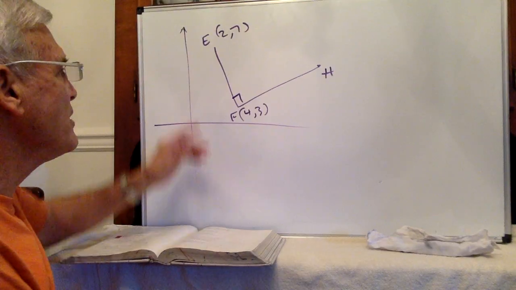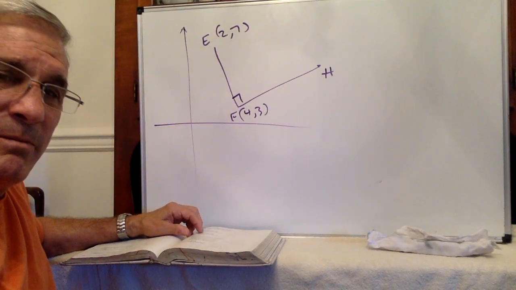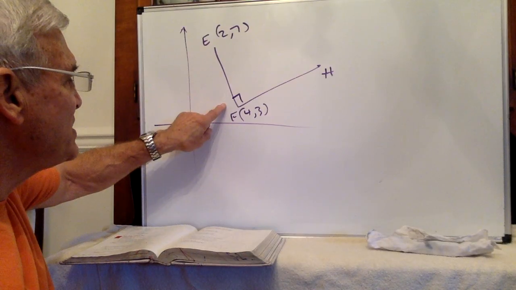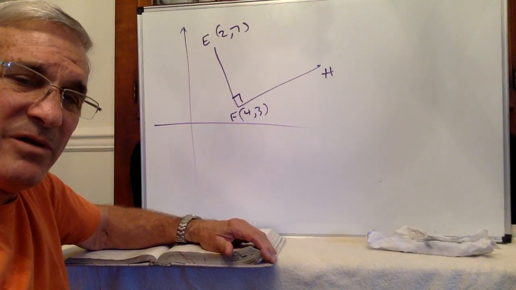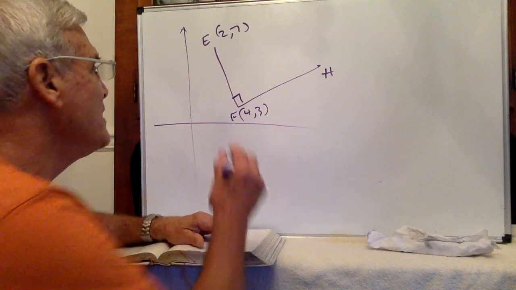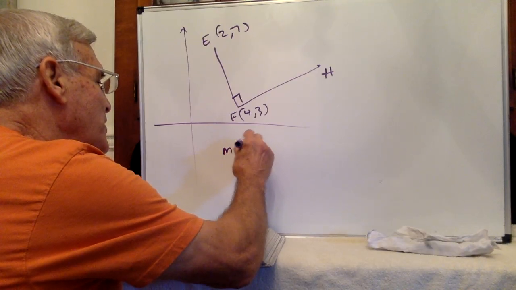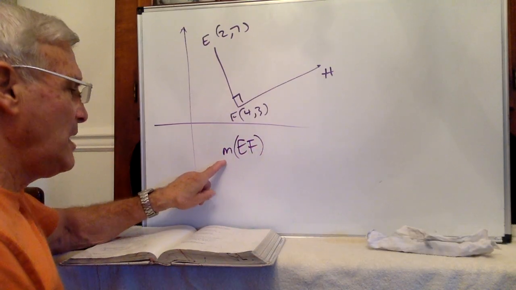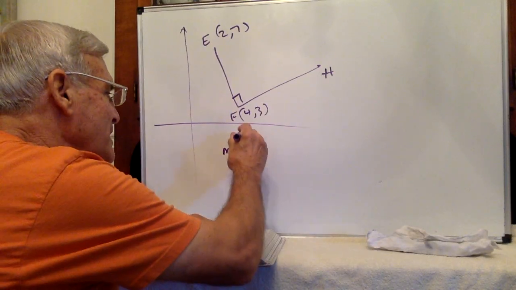If that's a right angle, it means these two line segments have to be perpendicular. Therefore, the slope of this and the slope of that, since they're perpendicular, have to be negative reciprocals. Well, I can find the slope of EF. I've got both points. Little m in front of this means slope of the line segment EF.